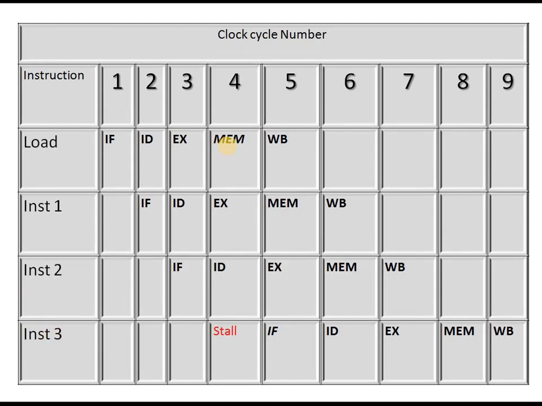To simplify the picture, it is also commonly shown like this. We can freeze instruction 3 for one cycle, cycle 4. Introducing a stall degrades performance, as we saw.